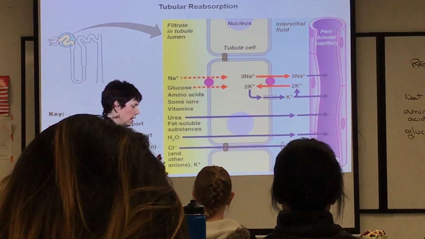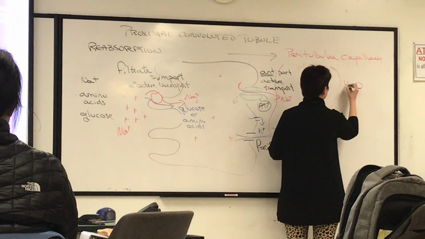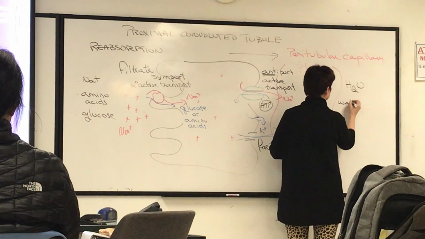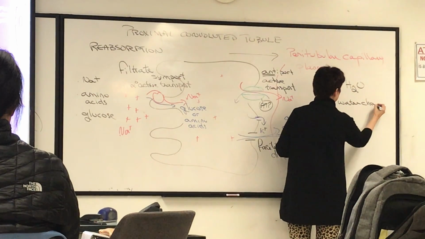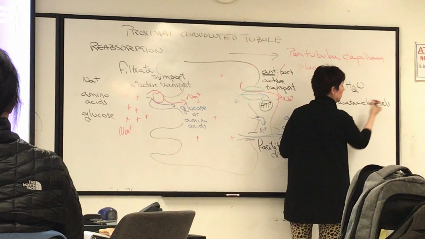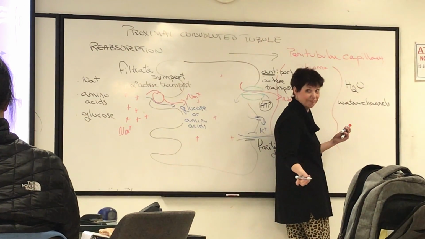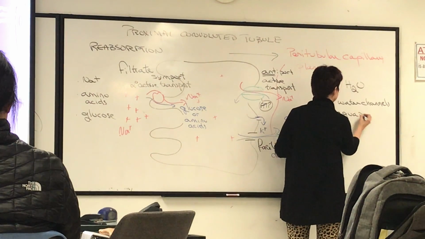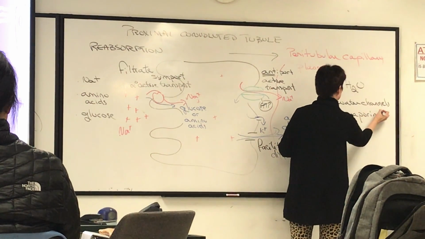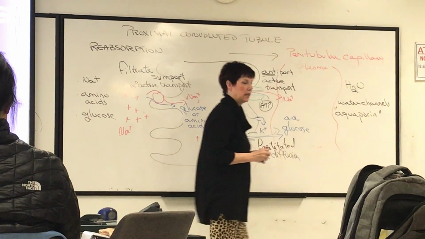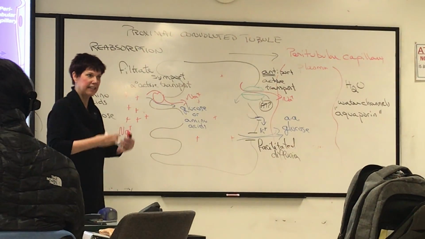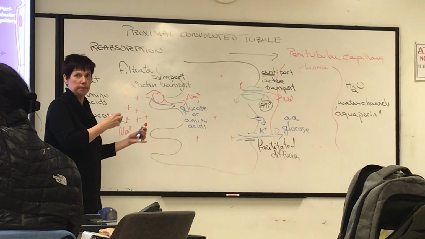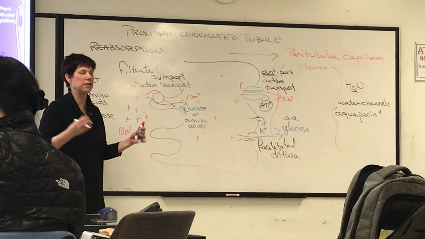Now for water, which we'll talk about more with the distal convoluted tubule, water moves via water channels. Water is not going to be very soluble in the plasma membrane because it's a lipid. So the water channels are known as aquaporins. So these are proteins that have channels in them that are polar in nature, so they allow the water to move through.